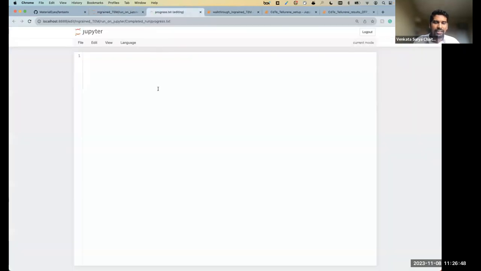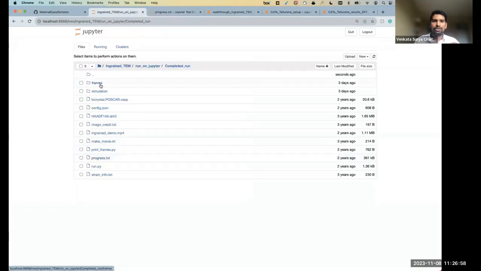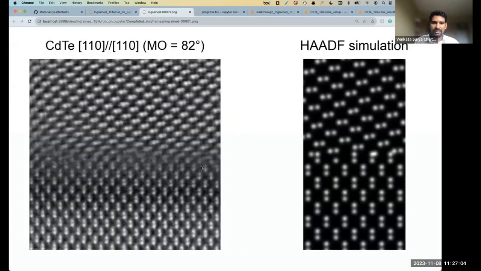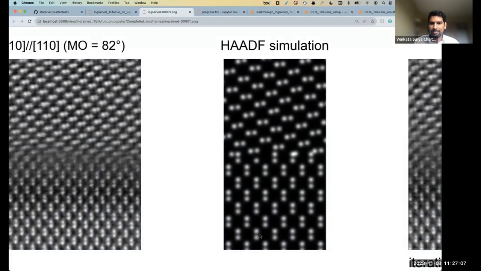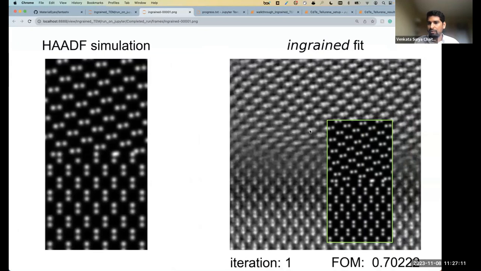So you will have the progress.txt file, which includes each iterative step and the parameter values for each iterative step. And each of those steps can be visualized. So this is step 1, step 2, and each step, this is the experimental TEM, this is the simulation, and this is the fusing it found for this particular simulation.